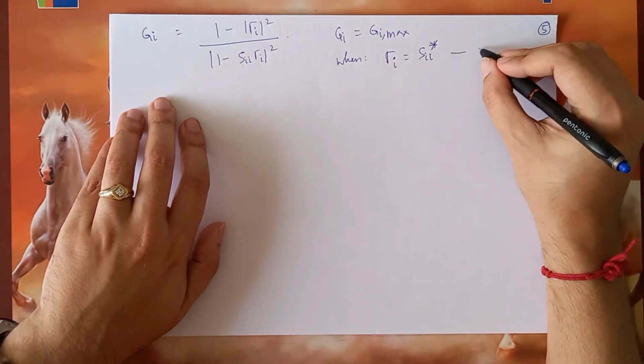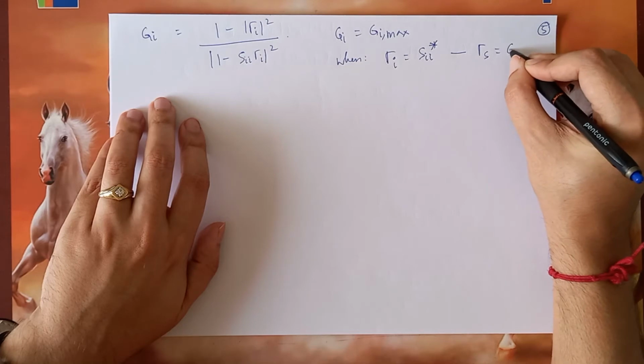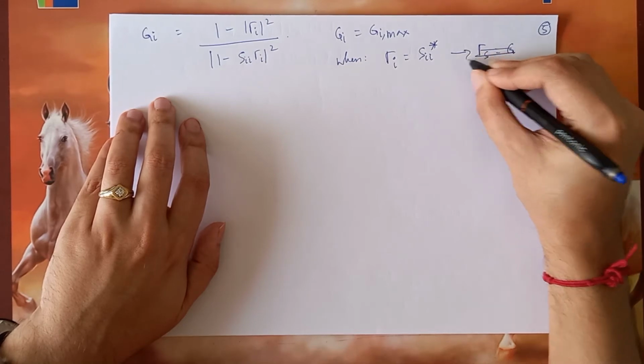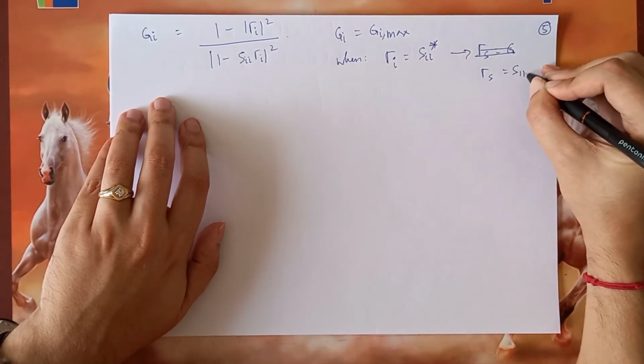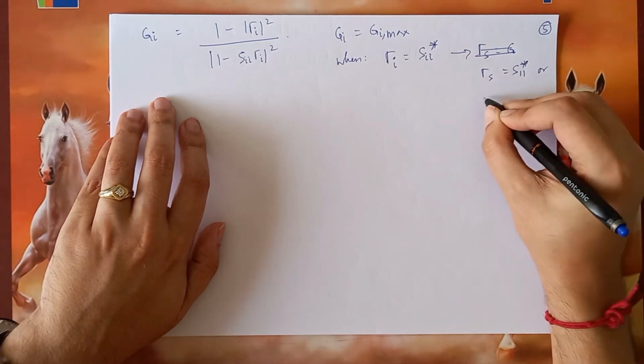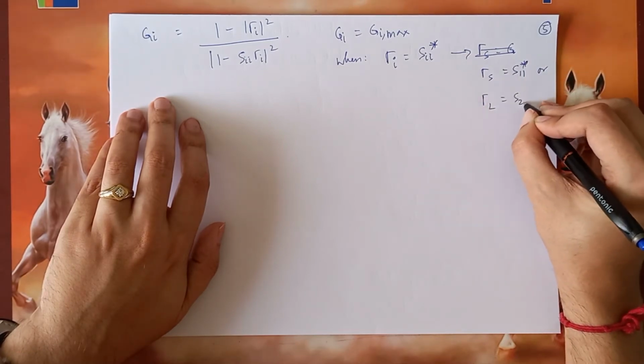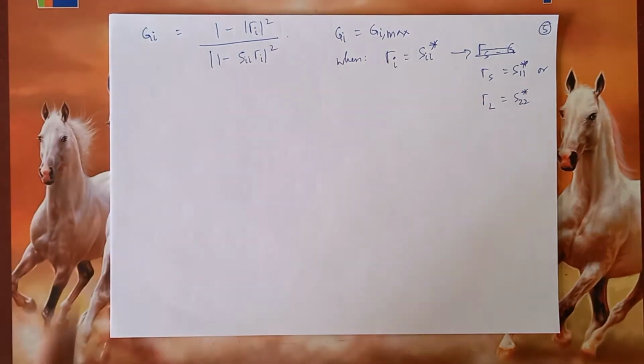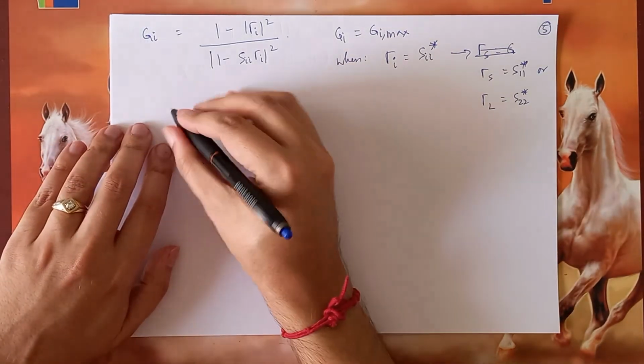That means on the source side, gamma S would equal S11 conjugate, or on the load side, gamma L will be equal to S22 conjugate. Doesn't matter whichever one we are choosing. So when I do this, what will happen?